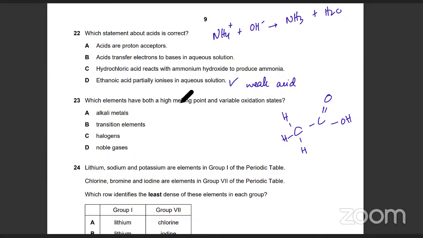Which elements have both a high melting point and variable oxidation states? Transition elements. इनकी 5 properties थी. बाकी 3 क्या थे? They have a high density.